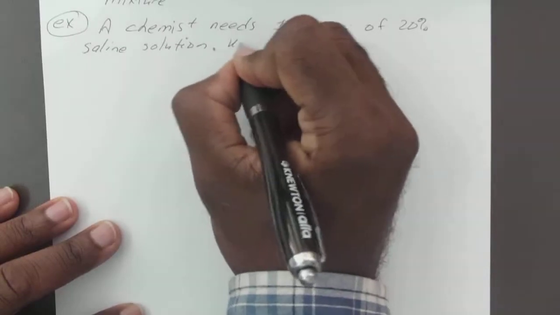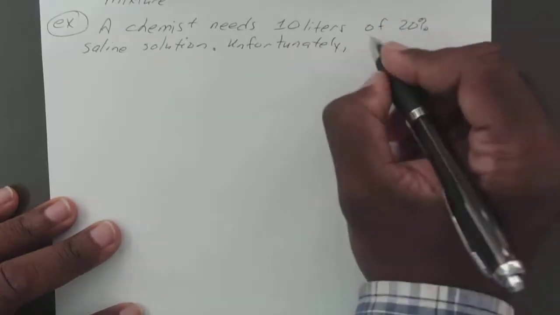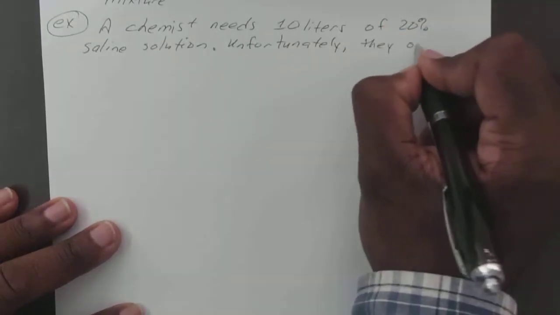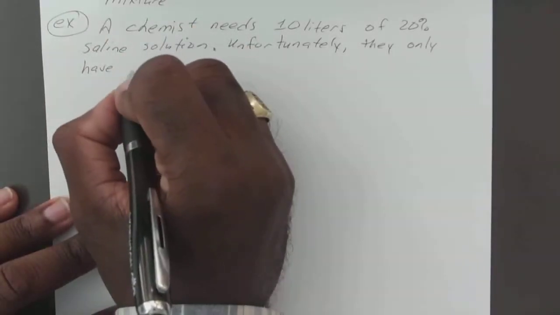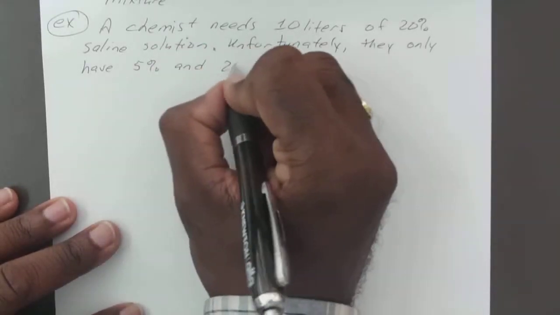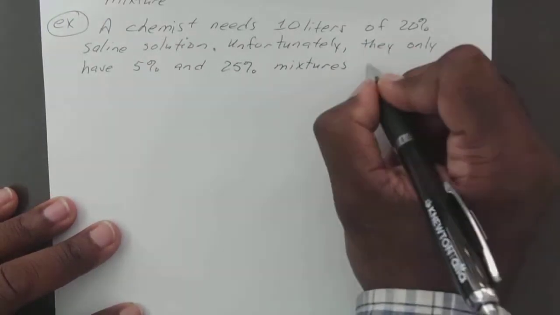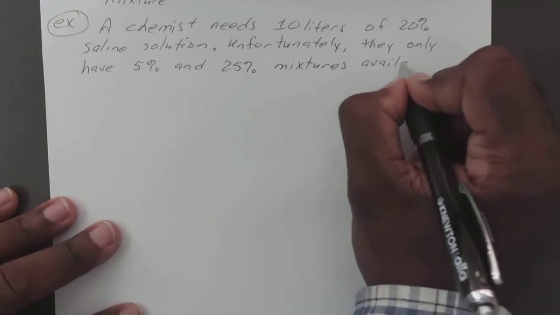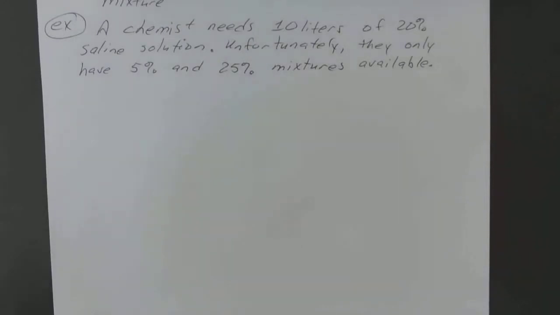Okay, but unfortunately, they only have 5% and 25% mixtures available. Okay, so how much of each solution would he have to mix together in order to get 10 liters of 20% saline?